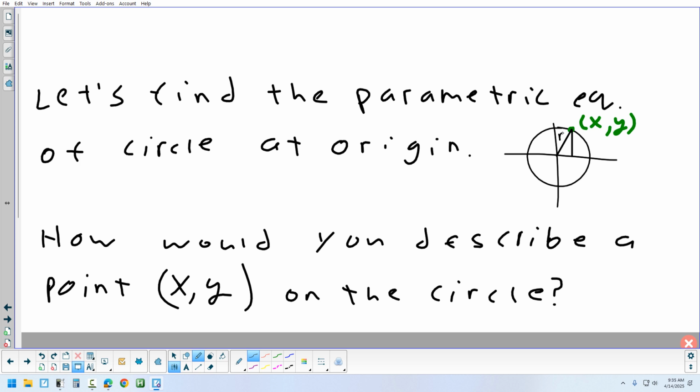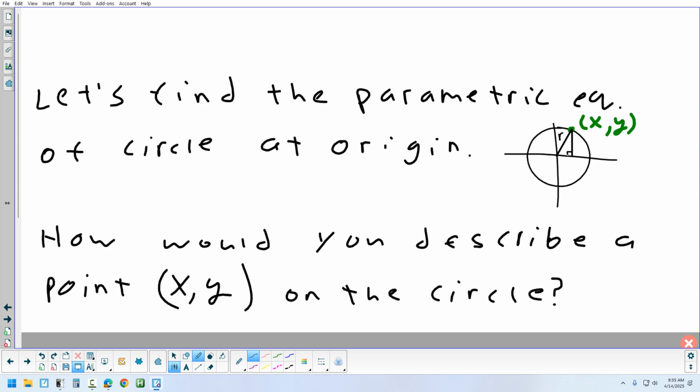So what in this triangle would change to start rotating that point around the circle? So that's a 90, so that's not going to change.